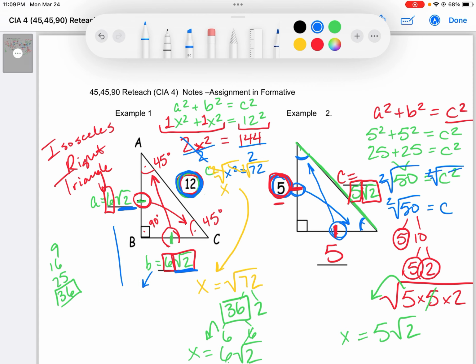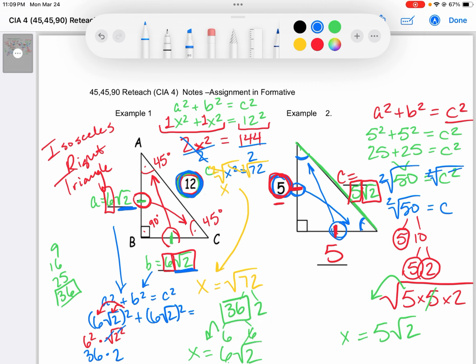If you reverse to this and you did a squared plus b squared equals c squared, 6 times the square root of 2 squared plus 6 times the square root of 2 squared. When I'm squaring these, I distribute it. So 6 squared times square root of 2 squared. 6 squared is 36.